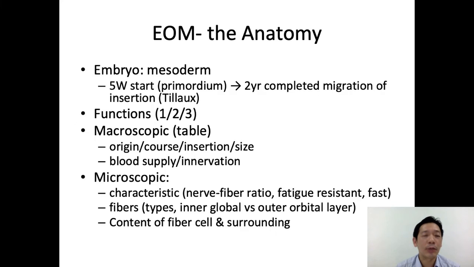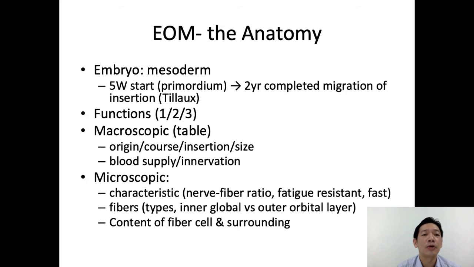Always start with an introduction, the functions of your EOM, and then followed by the embryology. For the embryology, you can use a generous statement for all the EOM: their origin is from the mesoderm, starting at 5 weeks, and the migration is not complete until 2 years, until the insertion into your eyeball to form the circle of Tillaux.